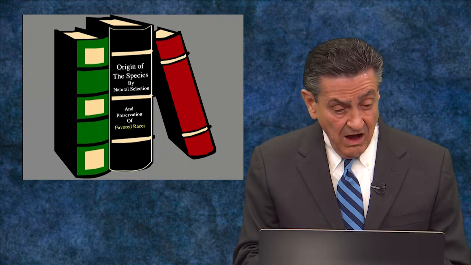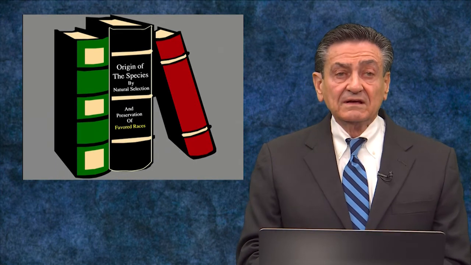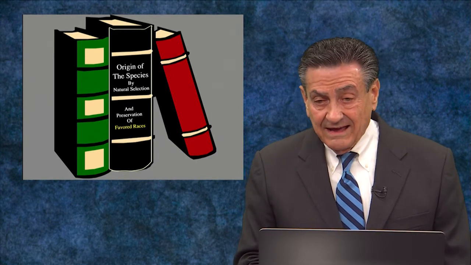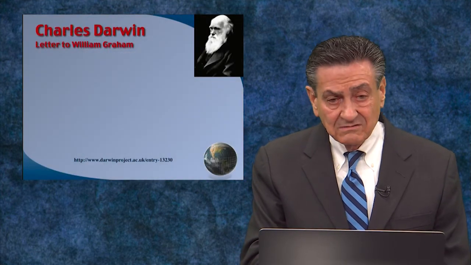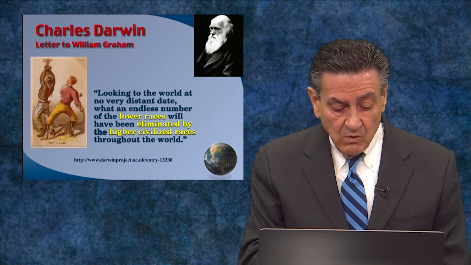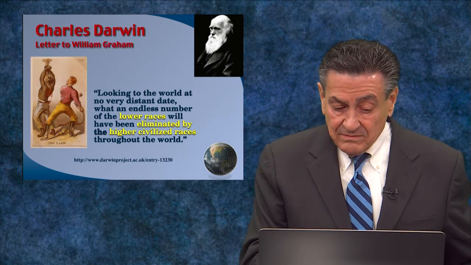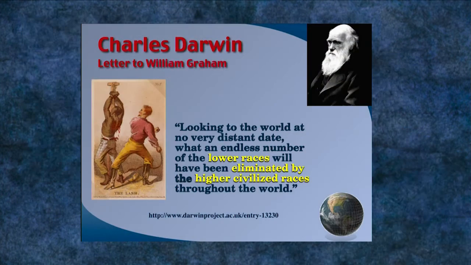And Preservation of Favored Races was the actual title and reflects his racist view, which is absolutely disgusting. Quoting here from a letter to William Graham, looking to the world at no distant date, what an endless number of the lower races will have been eliminated by the higher civilized races throughout the world.